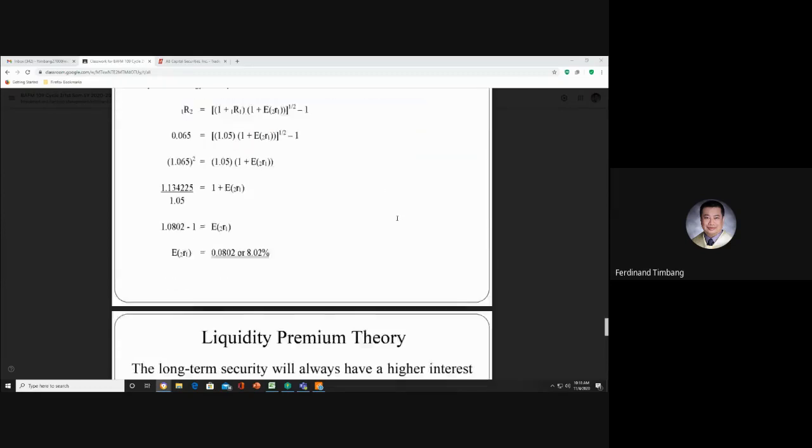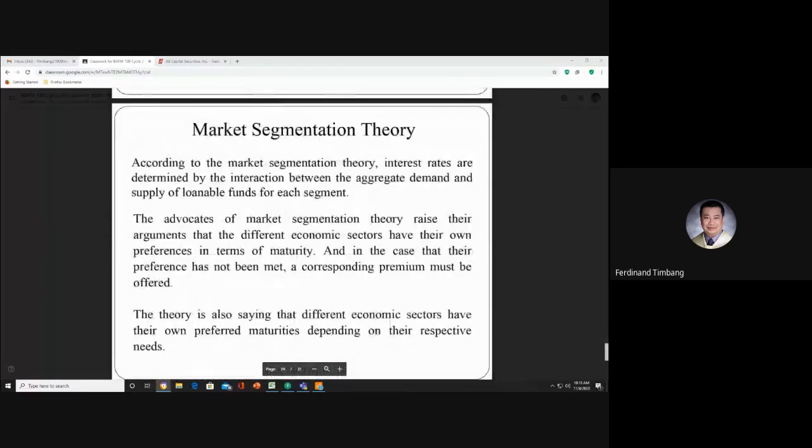Pagdating dito kay market segmentation theory, kinriticize niya si liquidity premium theory at saka si unbiased expectations theory. Kasi this time, dapat segmentize din yan. Yung tinitingnan nyo lang daw yung indifference ng interest rate at saka yung liquidity premium.